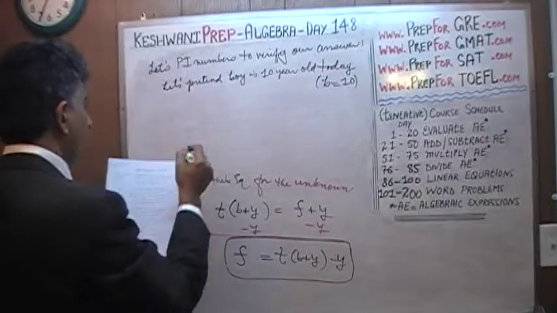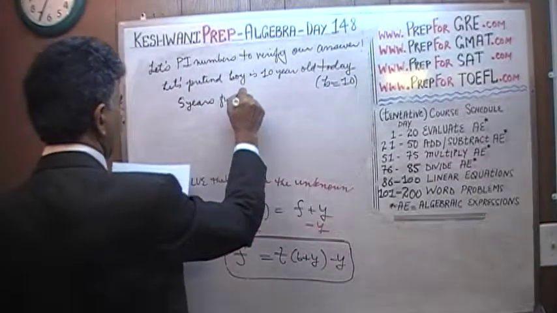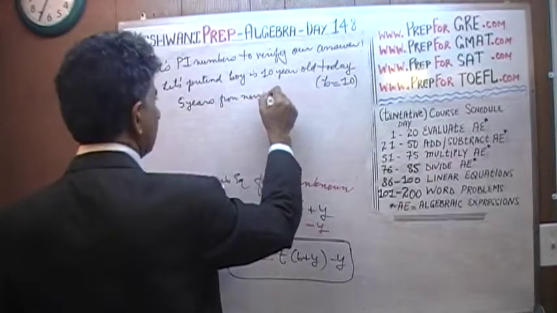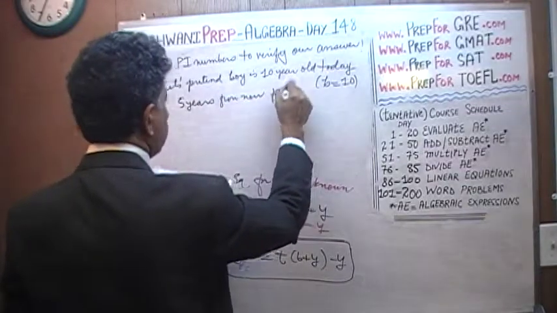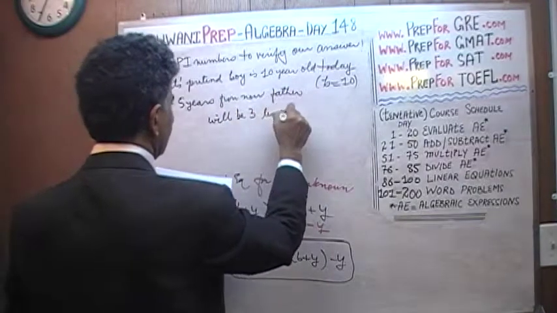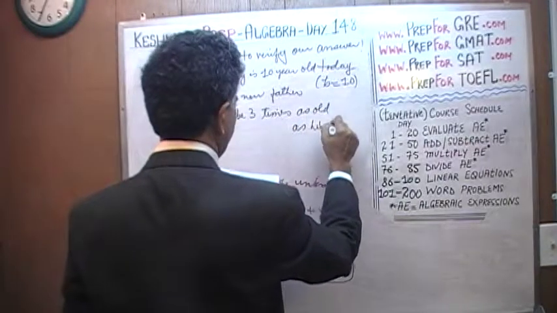And then 5 years from now, let's say 5 years from now, the father will be 3 times as old as his son.